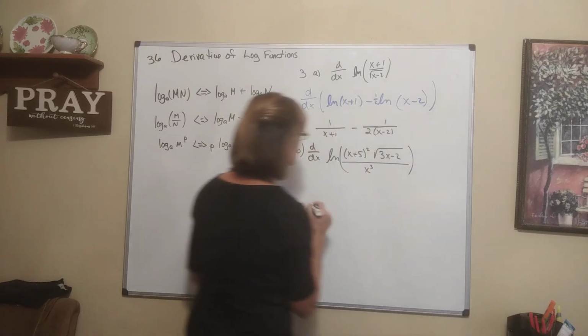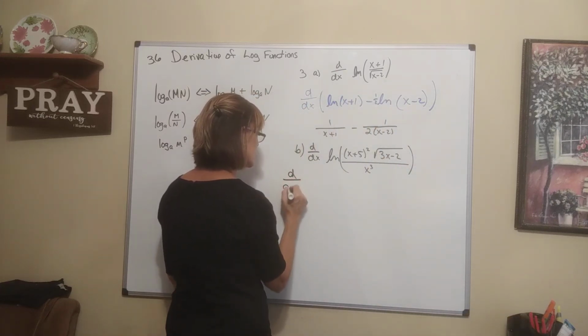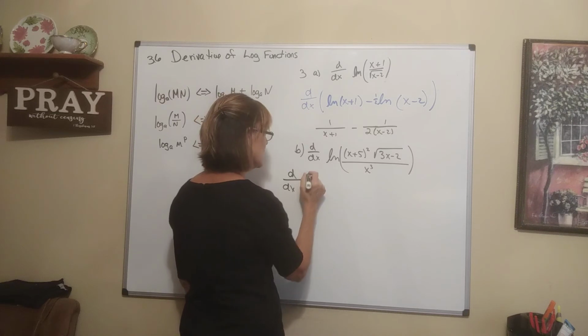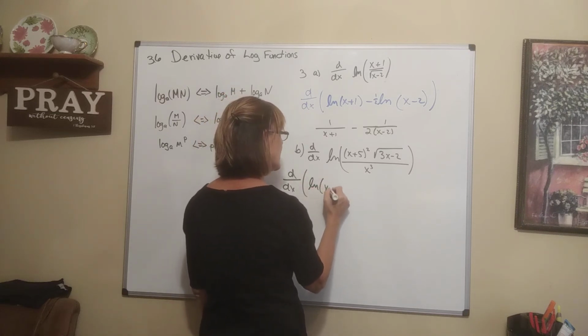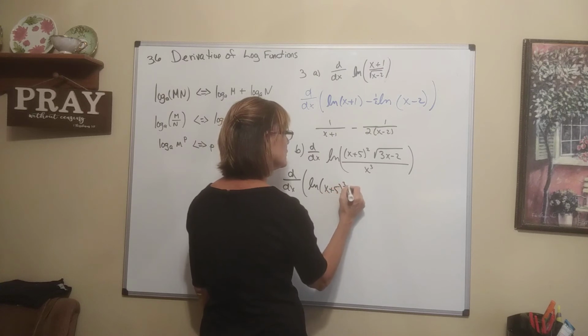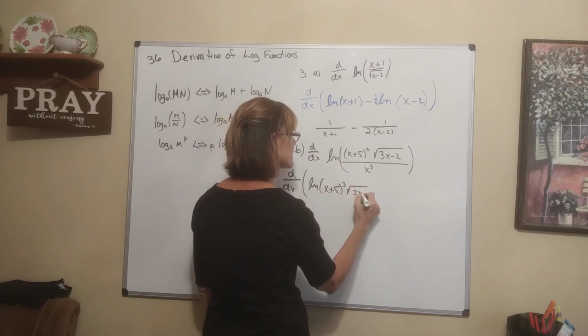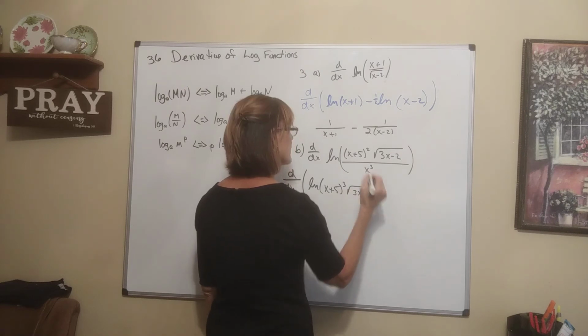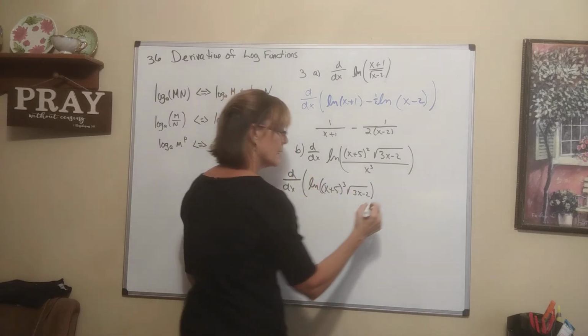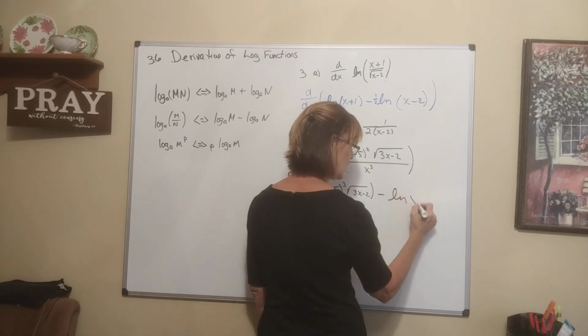Well, let's just do some rewriting. d dx is still there, but let's rewrite this. This can be thought of as the natural log of (x plus 5) cubed times the square root of 3x minus 2, minus the natural log of x cubed.